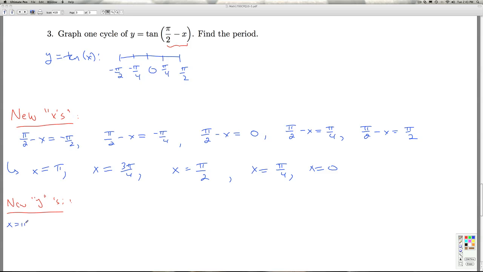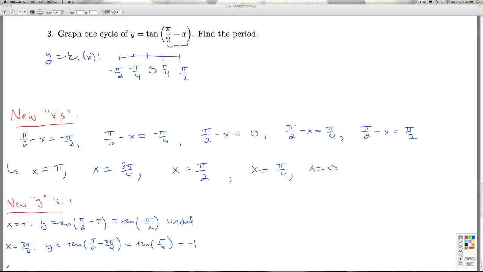So for x equals pi, y is the tangent of pi over 2 minus pi, which is the tangent of negative pi over 2. This is undefined, which means we're getting an asymptote there. For x equals 3 pi over 4, I get y equal tangent of pi over 2 minus 3 pi over 4, which is tangent of negative pi over 4, which is negative 1. For x equal pi over 2, I get y equal the tangent of pi over 2 minus pi over 2.